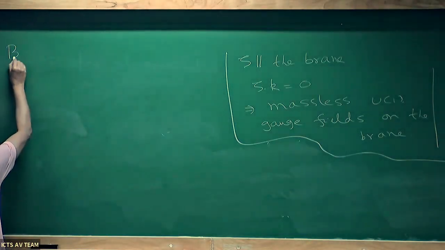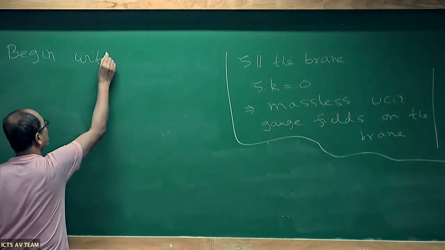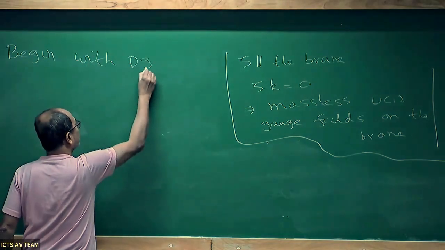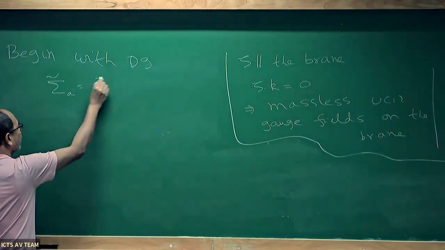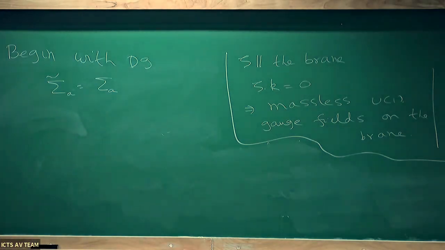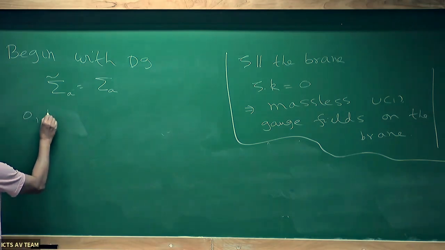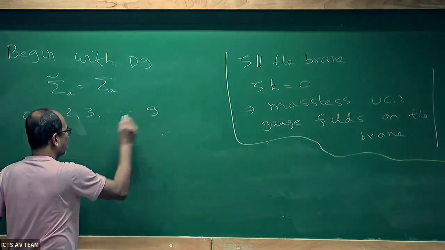We'll begin with the D9 brane, for which the boundary condition you have chosen to be sigma tilde A equal to sigma A. So for the D9 brane, let's label directions by 0, 1, 2, 3, up to 9.